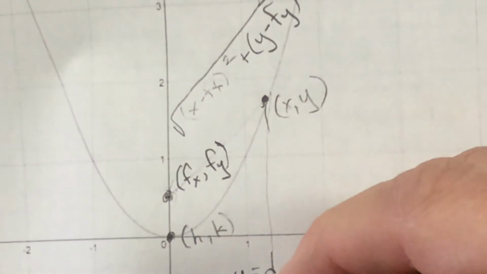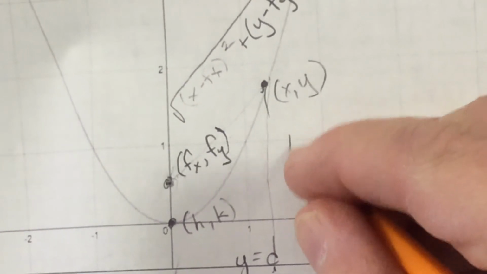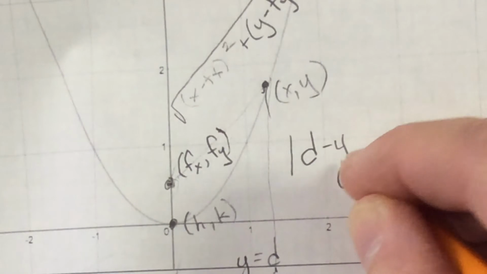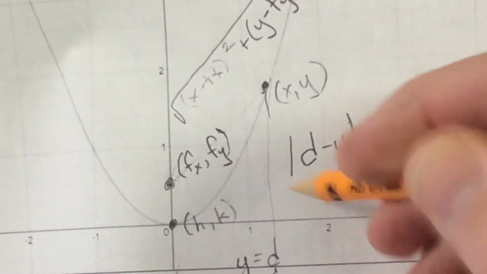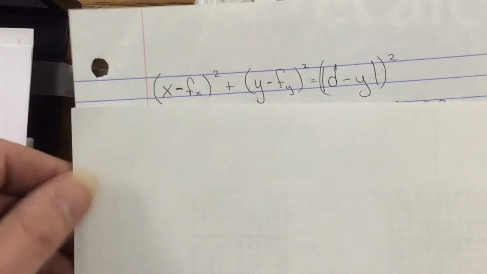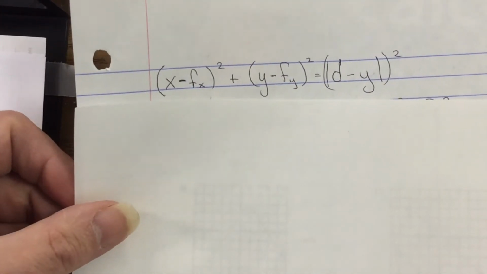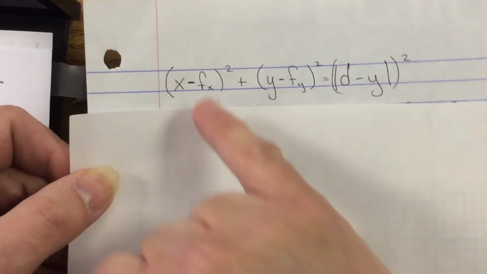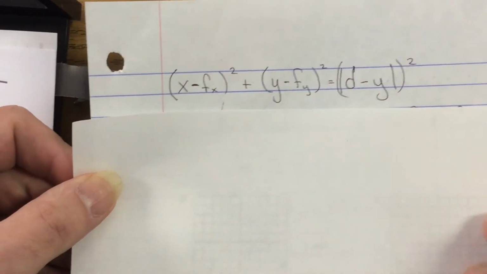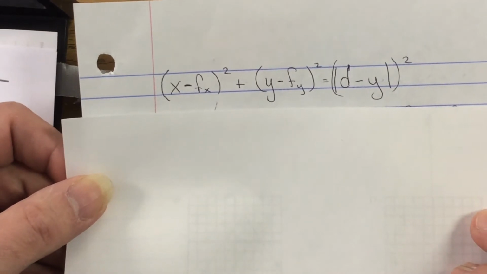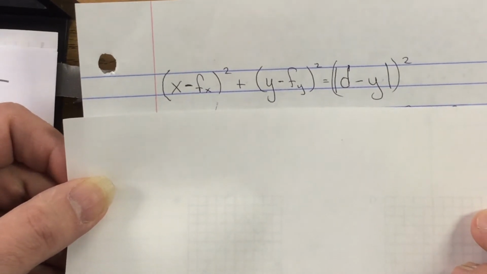From here to here, this distance is the absolute value of d minus y, because this is a vertical line, so I don't have to worry about the x stuff. So let's look at what we can do with that now. If I set these two distances equal to each other and then square them to get rid of the radical sign, this is what this equation looks like.